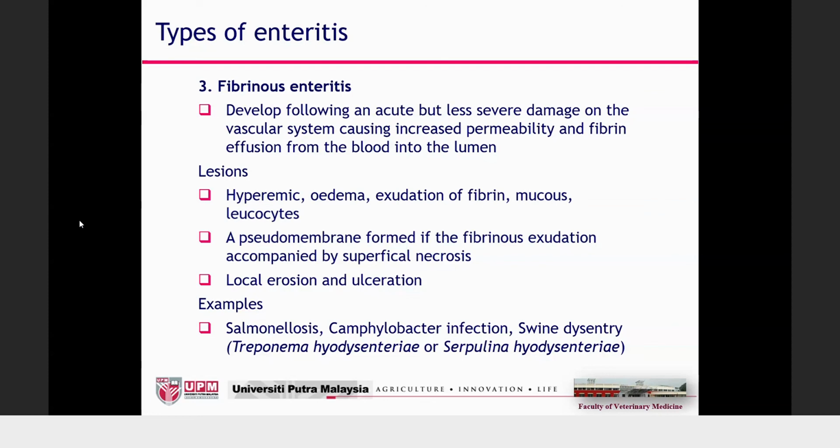I think I had that photo a long time ago, but I couldn't find it to show you the pseudomembrane. Meaning you have fibrin from the blood vessel as a result of damage or changes in the blood vessel capillary, and at the same time there is superficial cell necrosis. That's why you see a pseudomembrane. Okay, does that answer you? Yeah, thank you, Prof.